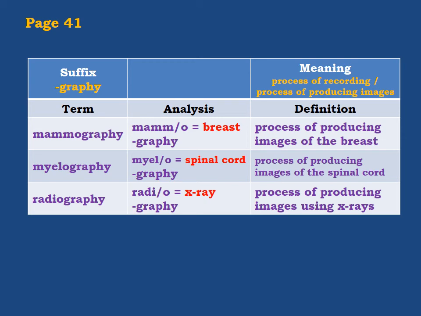Maybe you have heard of this. So the meaning of the full term is process of producing images using X-ray. Now maybe the pictures you have in your books, page 41, can help you understand better.